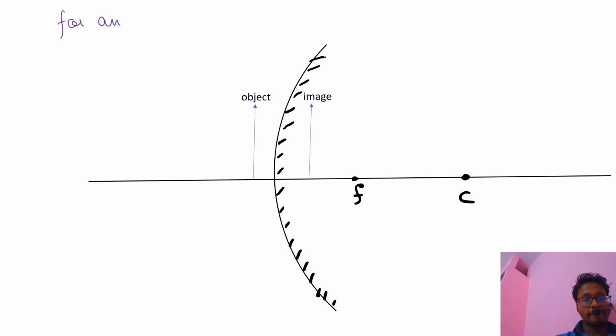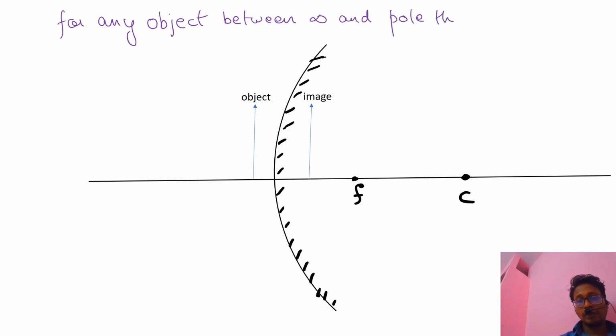Okay, so for any object between infinity and pole, the virtual image would be formed. Virtual image means on the opposite side of the mirror.